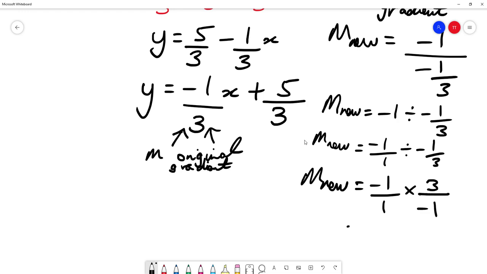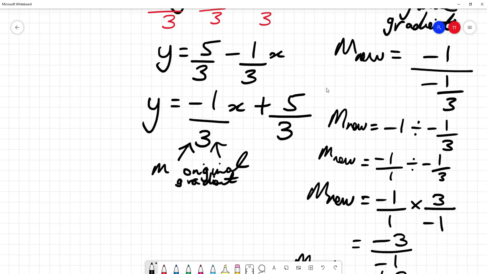Then we get -1 times 3 is -3, 1 times -1 is -1, and a minus divided by a minus is a positive, and 3 divided by 1 is 3. So we get an answer of 3. So m nu is 3. That's how you get that. I know it's a lot of steps, but in the lower years in school, you definitely know how to divide fractions. So I've just written everything out so you can see why we get +3.